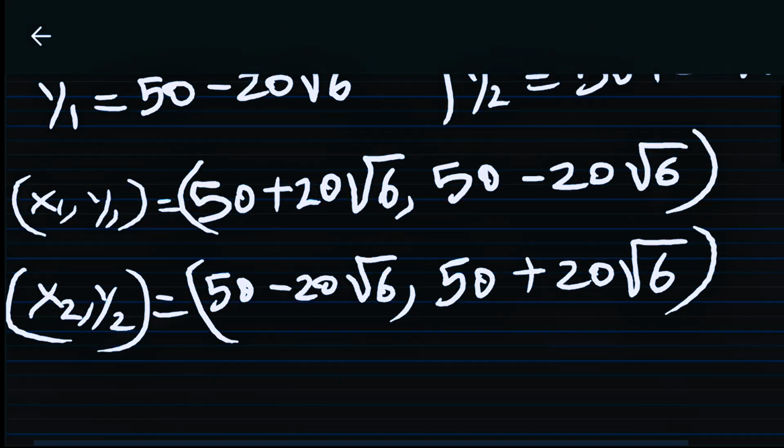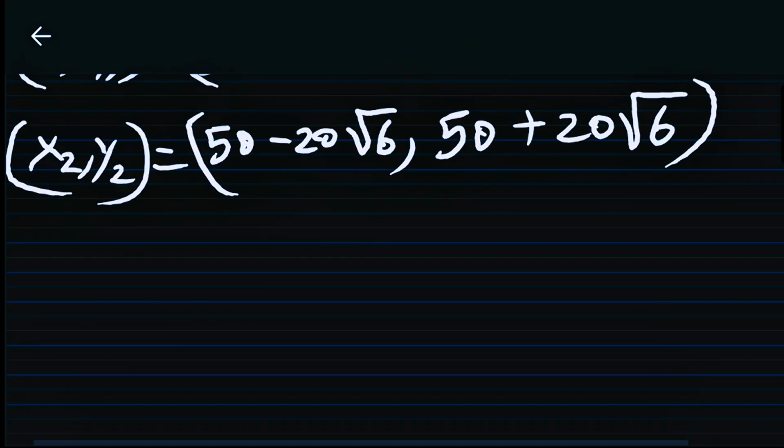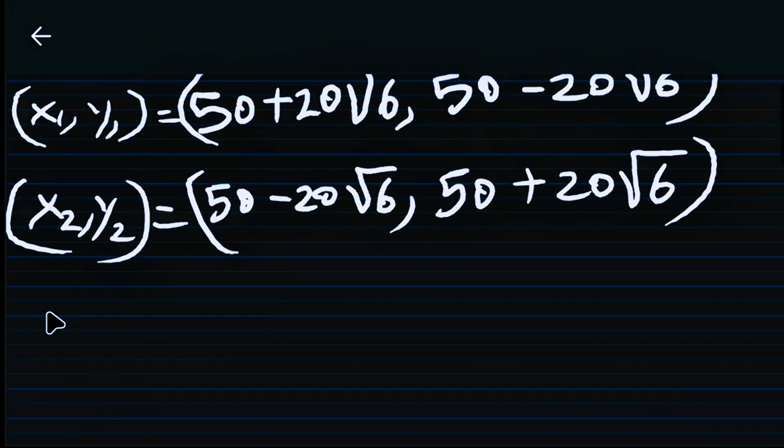Okay, now let's verify to see if this will satisfy the given equation. Now remember that for equation 1, we are going to verify with x1 y1, and for equation 2 it will be x2 y2. So let's verify for equation 1, which is x plus y equals 100.